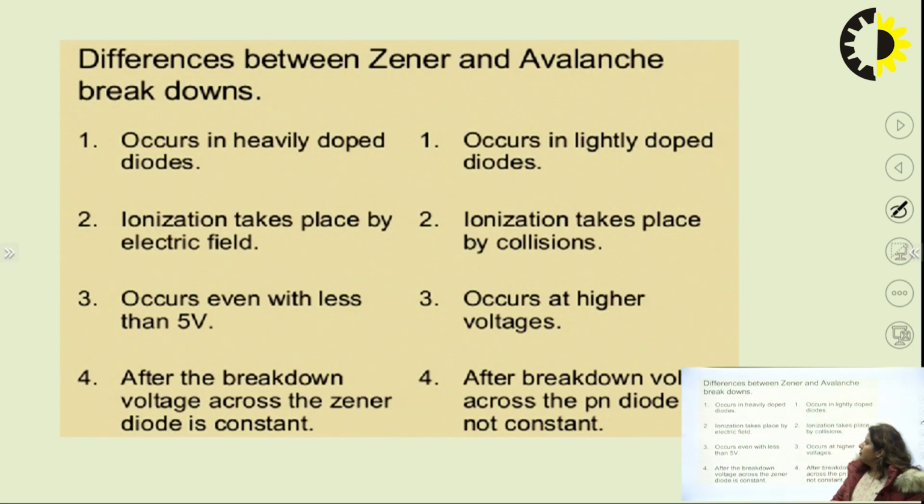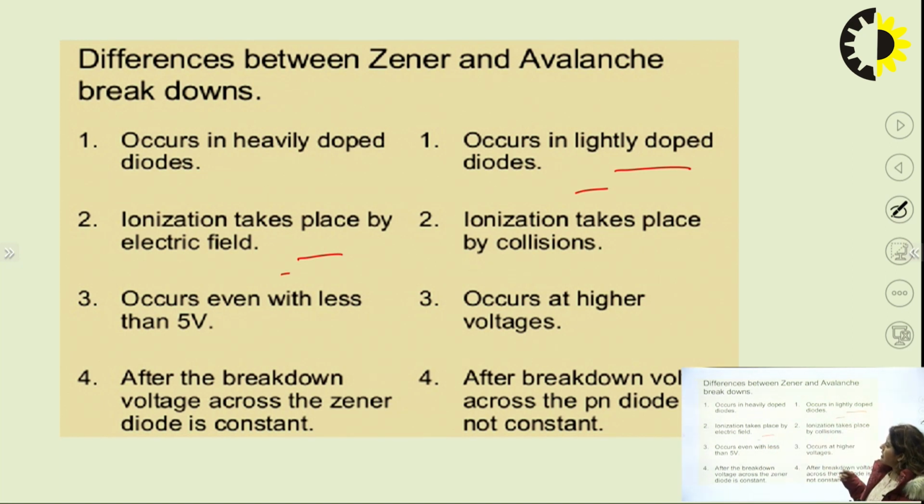So next we have differences. We have listed here the major differences between avalanche and Zener breakdown. The first one occurs in heavily doped diodes, basically Zener diodes, and the avalanche is basically in lightly doped diodes. Ionization takes place by electric field here.